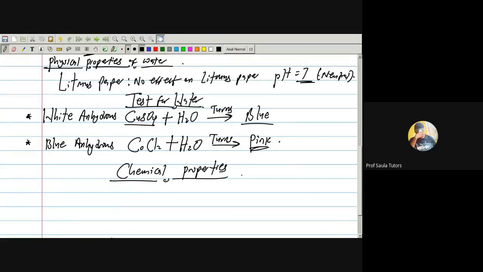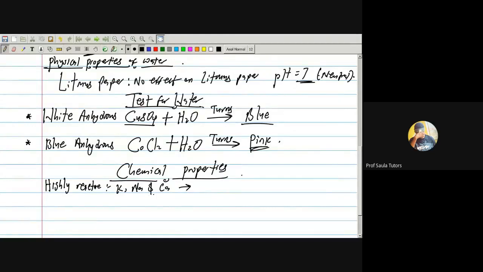Now, let me tell you something. There are some metals that are highly reactive. We group them into potassium, sodium, and calcium. Whenever we want to react them with water, they are very reactive and they react explosively with water, most especially potassium and sodium.